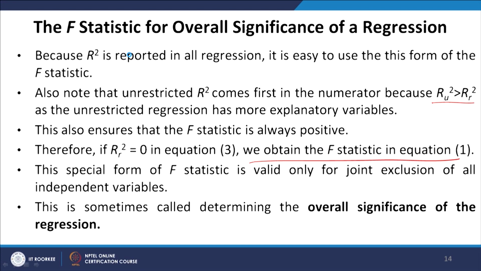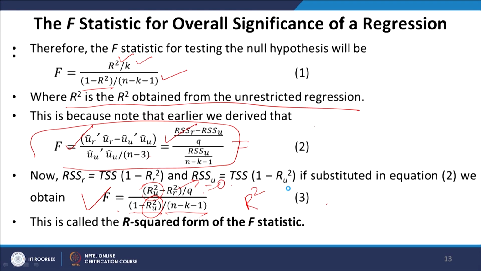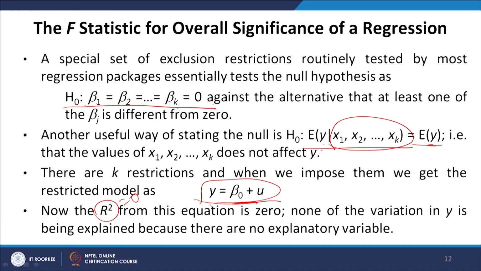So, if we obtain an F value which is large enough, then what do we do? We reject this null hypothesis, which means the alternative hypothesis is not rejected, which basically says that at least one of the beta j is different from 0.